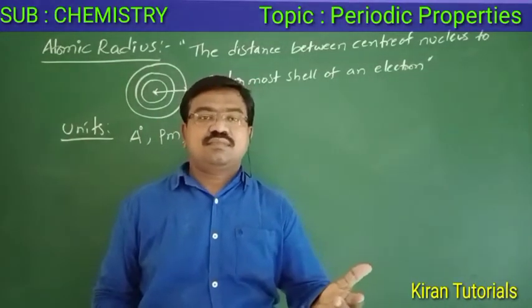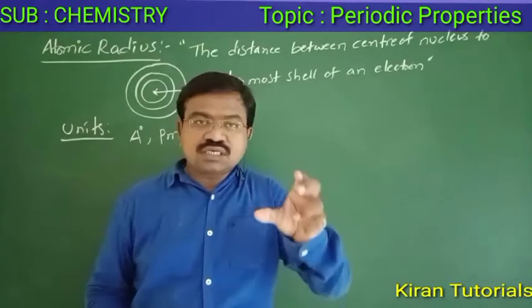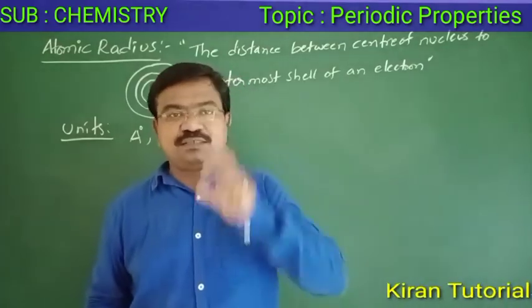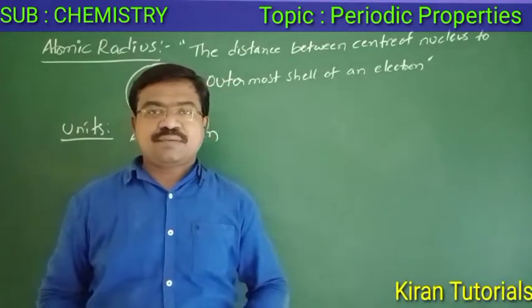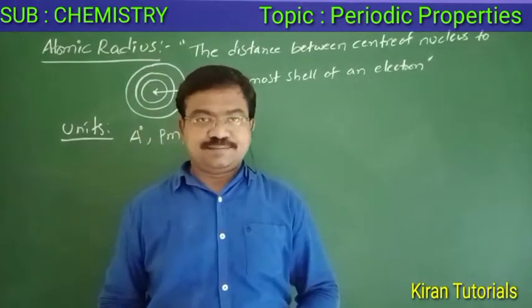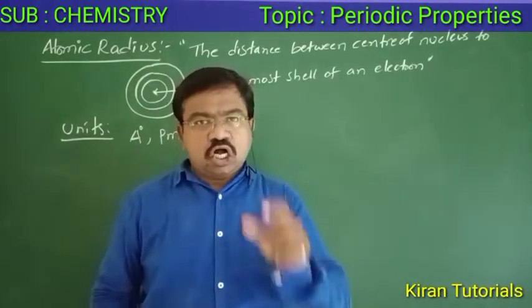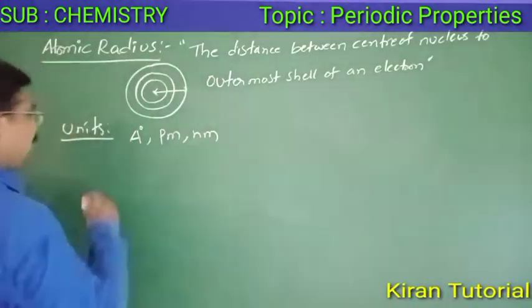Units: angstrom, picometer and nanometer. And how the atomic radius is measured means by the X-ray diffraction method. By the X-ray diffraction method it is measured. Clear?